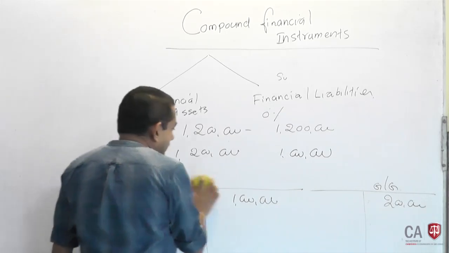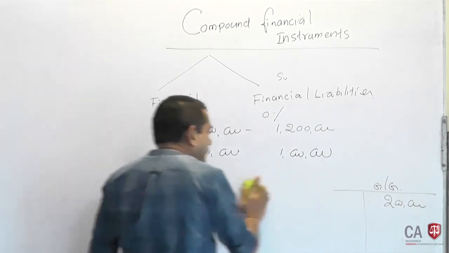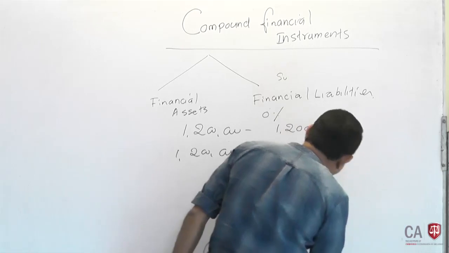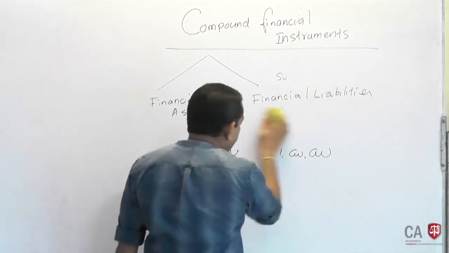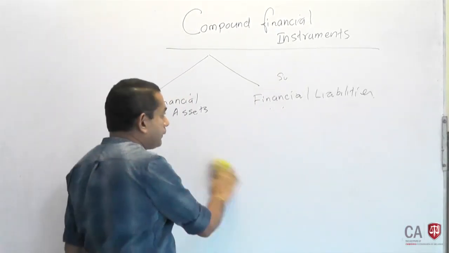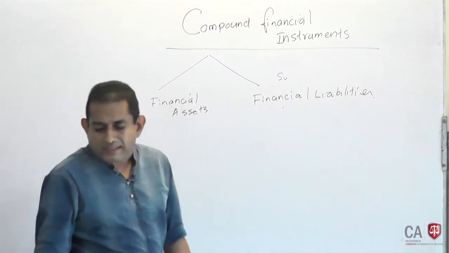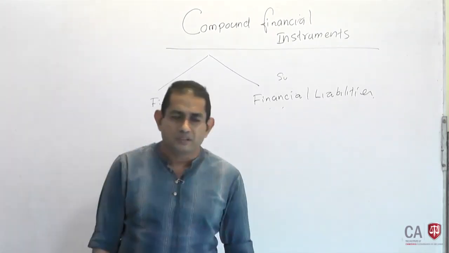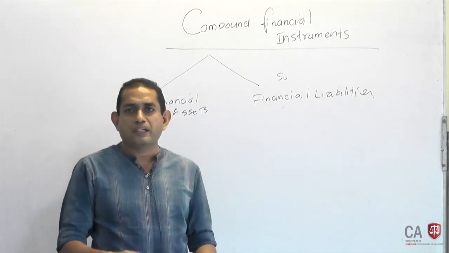Now, that is what is happening in nitty-gritty. That is the philosophy. That is what you need to impress yourself with. But what the standard says is something else. The standard gives you only the accounting treatment.